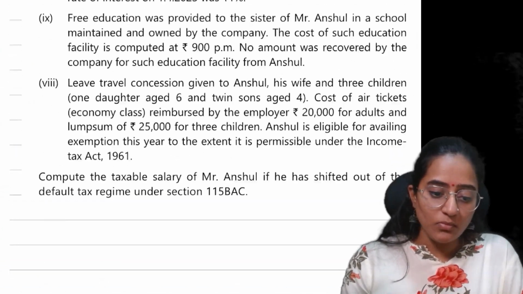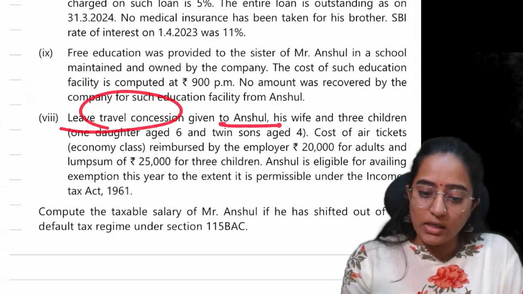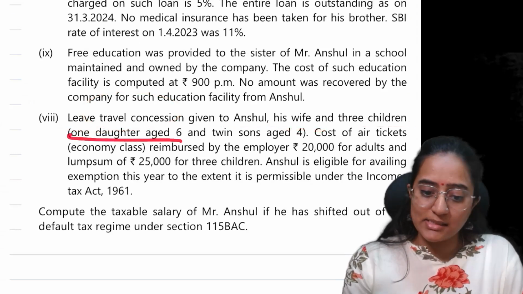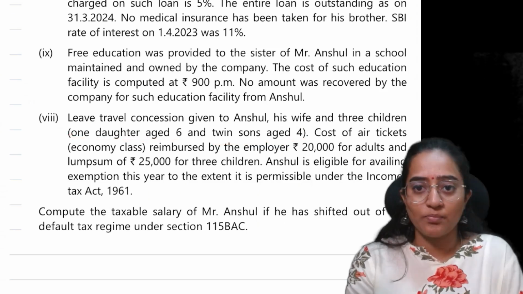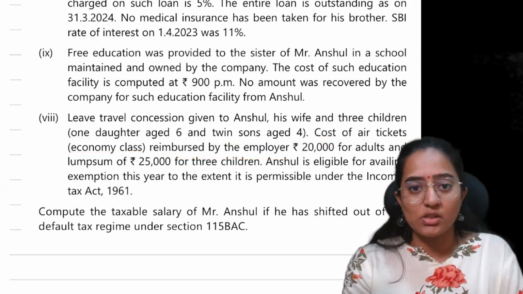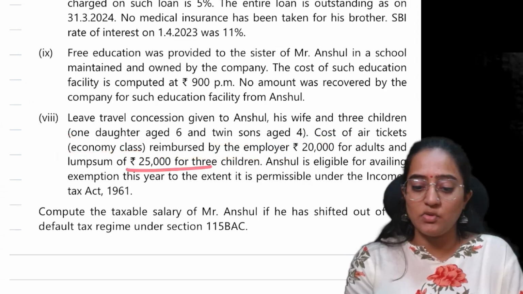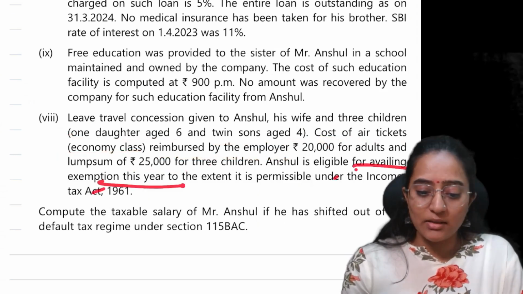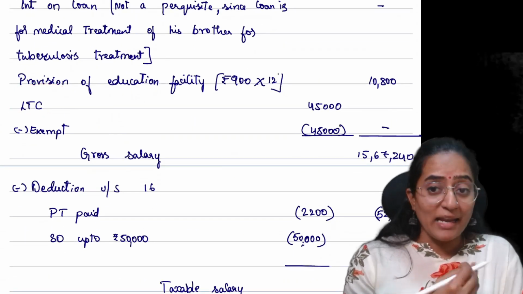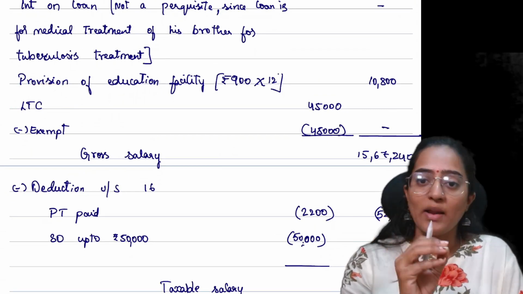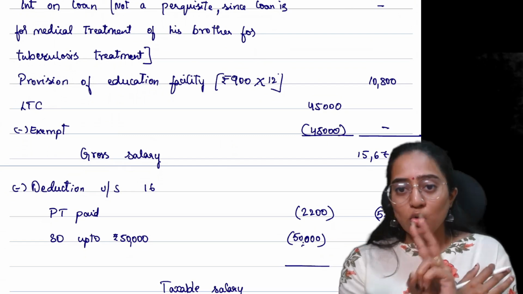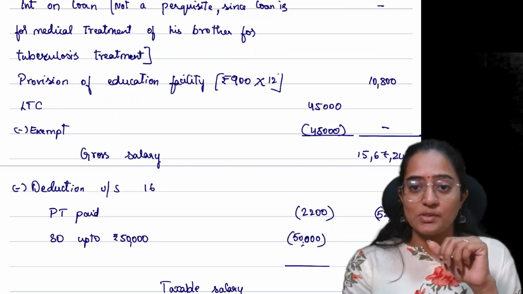Next, leave travel concession given to Anshul, his wife, and three children. One daughter aged 6 and twin daughters aged 4. The cost of the air tickets in economy class reimbursed by the company is 20,000 for adults and 25,000 for children. Anshul is eligible for availing the exemption as permitted. In case of LTC, remember the exemption is available for travel to the extent of 2 children, himself and his spouse.